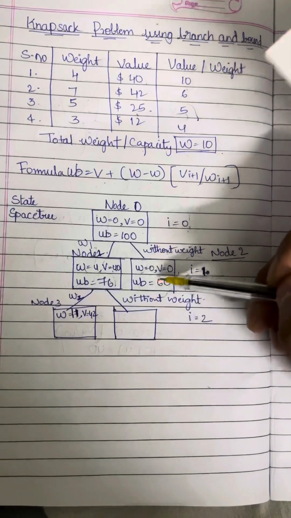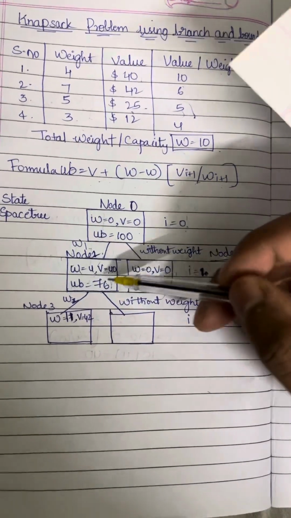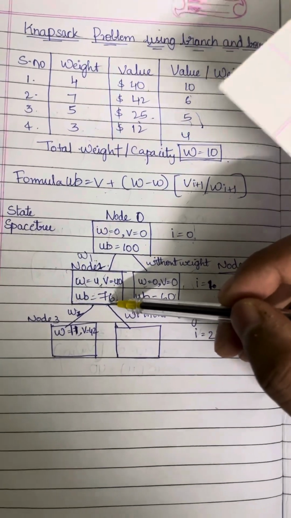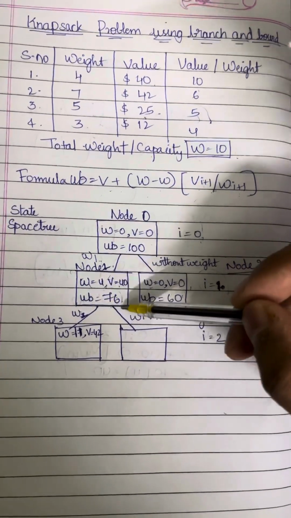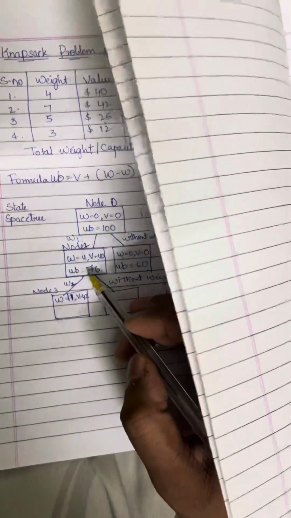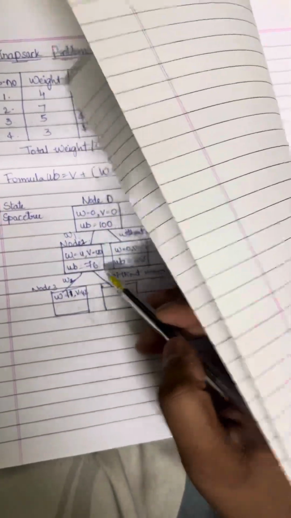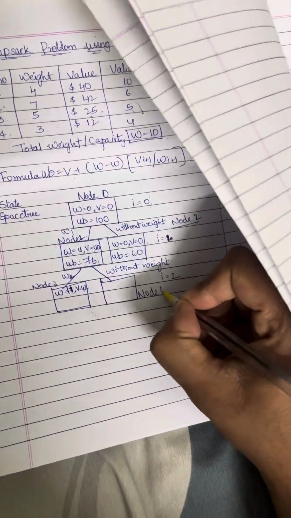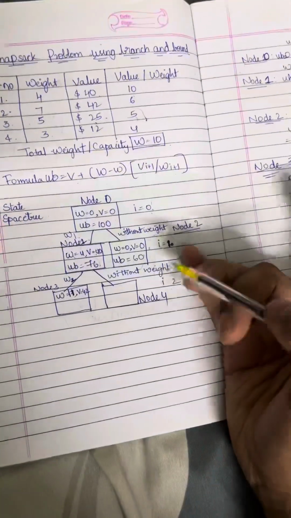But we'll be comparing these two, node 1 and node 2. We will find that node 1 has the higher upper bound value. So we'll be splitting node 1 into node 3 and node 4. This is node 4. Now let's calculate the weight.